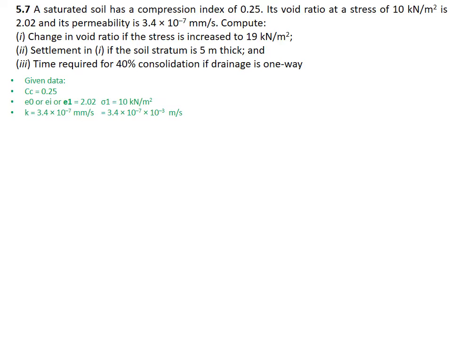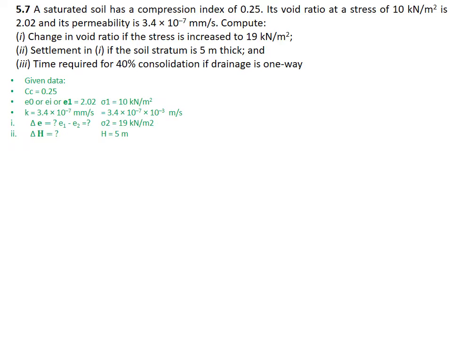Now what we are supposed to find out is, the first one is change in voids ratio if the stress is increased to 19. So if the sigma 1 is 10 and the sigma 2 is 19, what will be delta e, or basically you have to find e2. In the second question, what they have asked is the settlement. That means if the stress is changed from 10 to 19, how much it will settle if the soil is 5 meter thick.